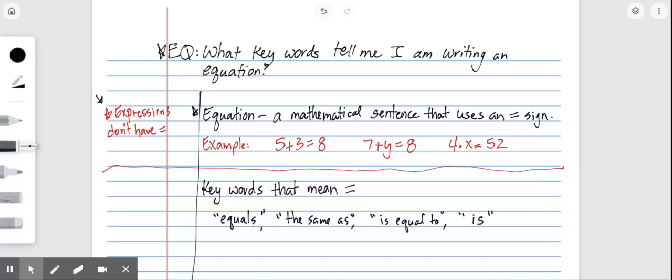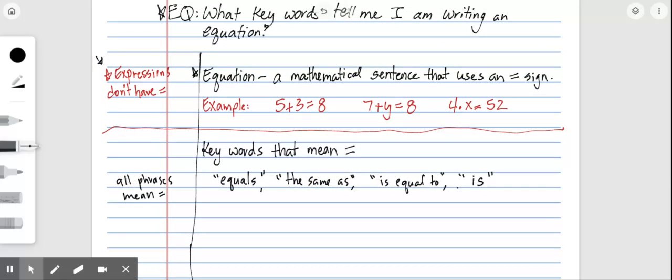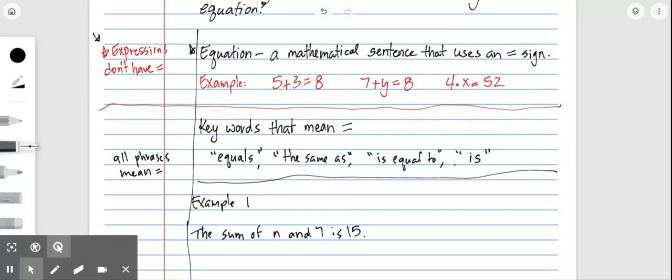All of these phrases mean equal. So whenever you see it in a phrase, the word equals, the phrase the same as, the phrase is equal to, the phrase is, then you know that you're using an equal sign. Okay? All right, let's do an example.